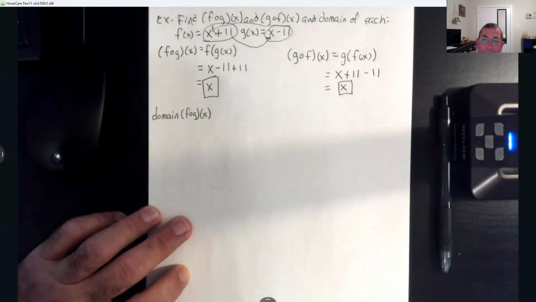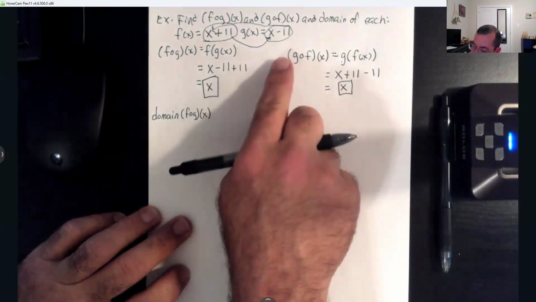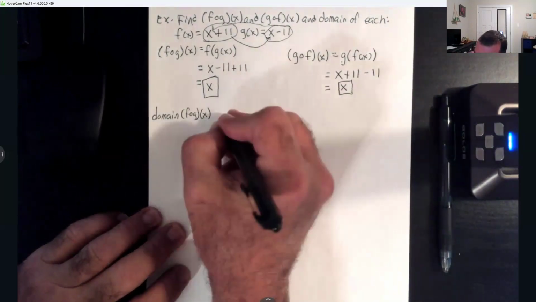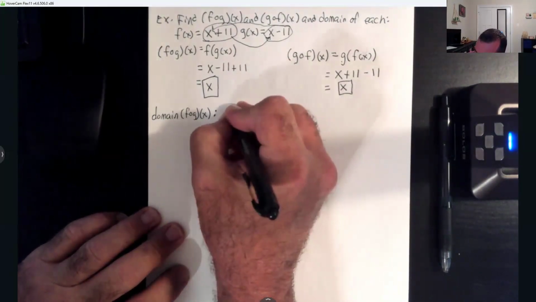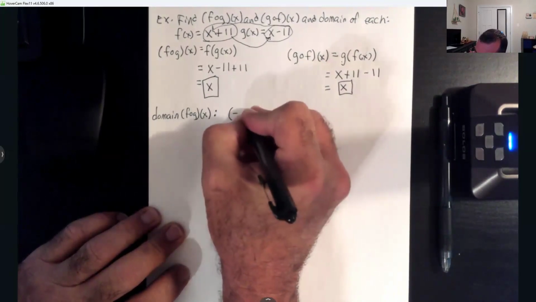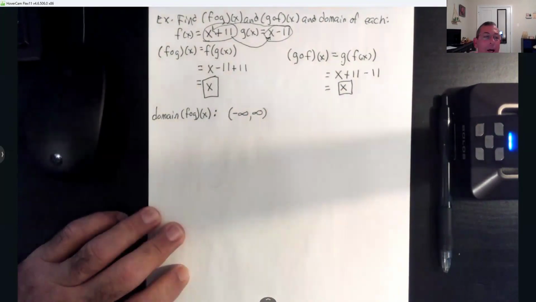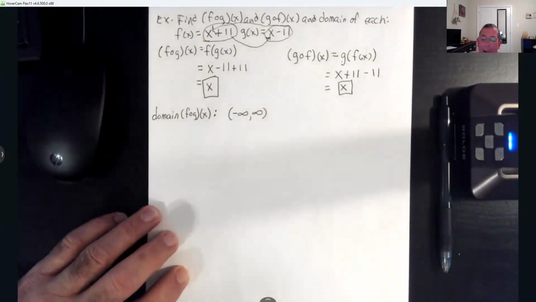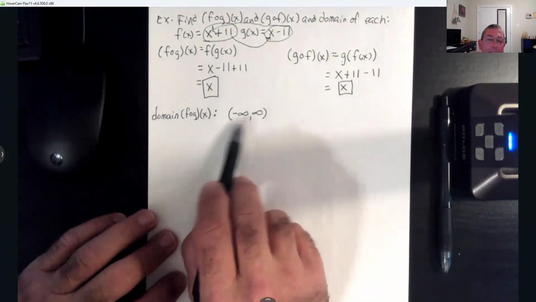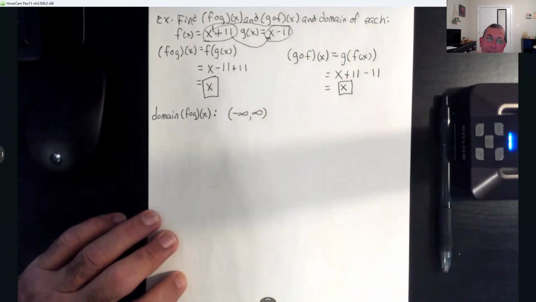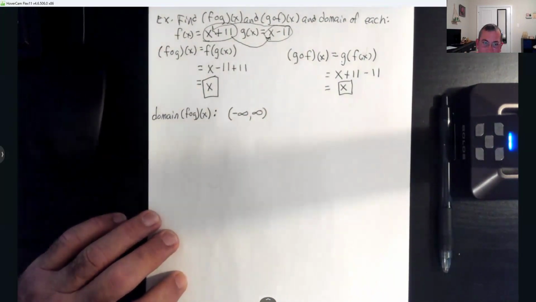Now remember, we're writing them in interval notation. So for our domain on this one, all real numbers is going to be negative infinity to positive infinity. MATLAB will give you the infinity symbols when you click on the answer blank on the bar at the bottom.